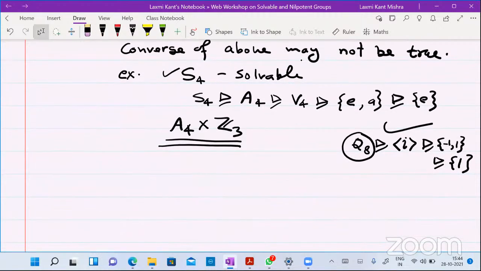I have to check, but I think it is not super solvable. So this is solvable but not super solvable. This one is an example. So let us move further.